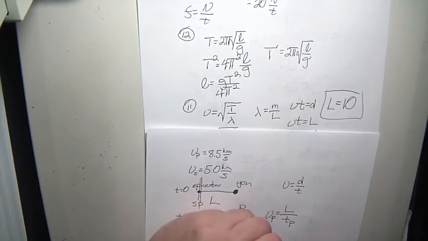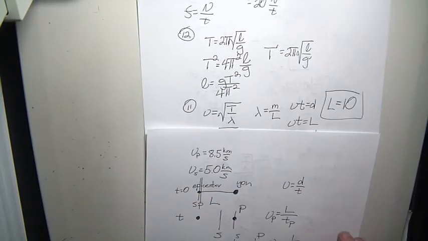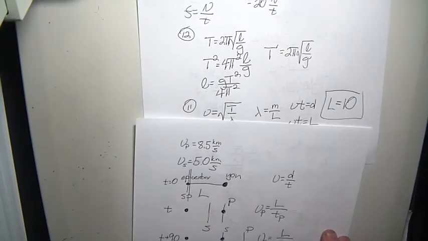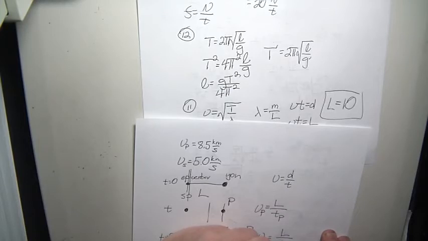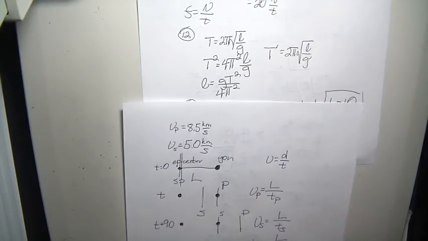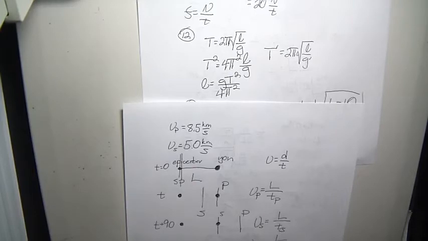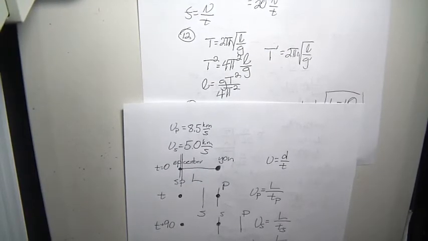The velocity of the S wave is L divided by TS, or you could write it as VS is L over TP plus 90. The time for the S wave to hit you is the time that it takes for the P wave to hit you plus 90 seconds.